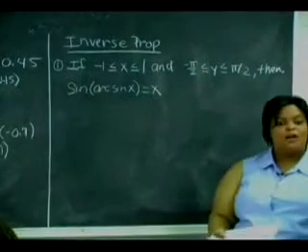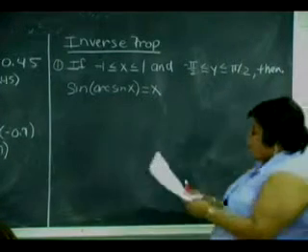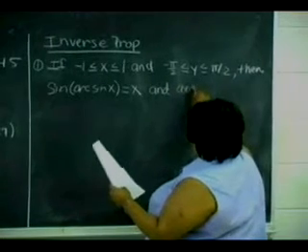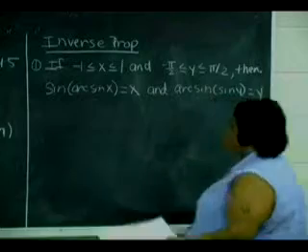Kind of like when you compose a function with its inverse, you're going to get x back. And if we compose the other way, if we have arc sine of sine y, then we should get y.